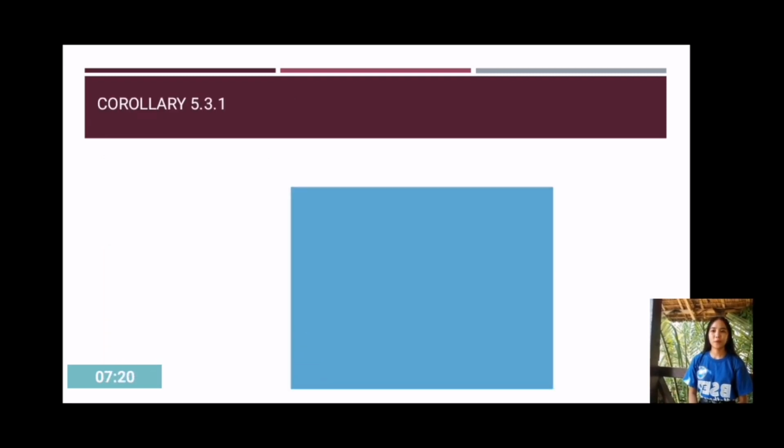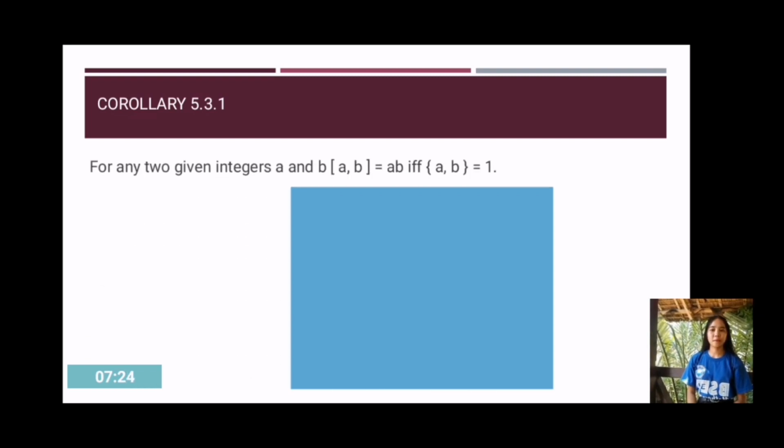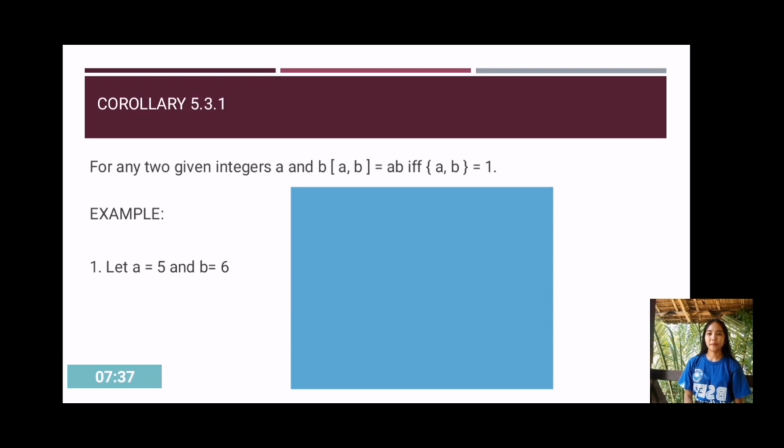Corollary 5.3.1. For any two given integers a and b, the LCM of a and b is equal to ab if and only if the GCD of a and b is equal to 1. Example: let a equal 5 and b equal 6.